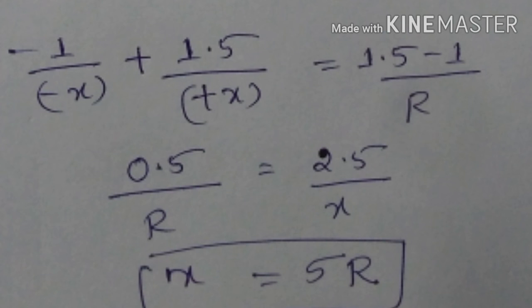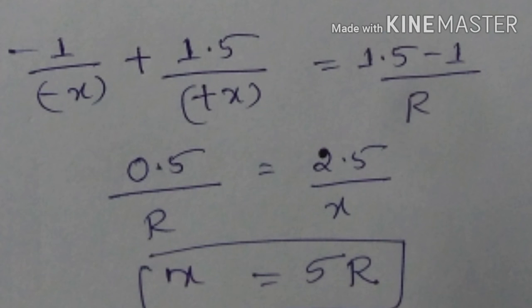To solve this problem, we first have to understand the ray diagram. Before solving a problem, try to understand how the incident ray is, how the refracted ray is, and what data is given in the question. In the question it is clearly mentioned that image distance is equal to object distance, but by sign convention we have to take the object distance as a negative value and the image distance as a positive value.